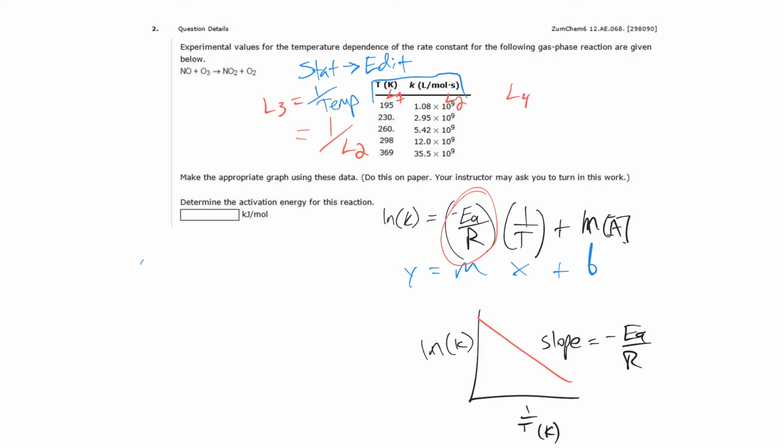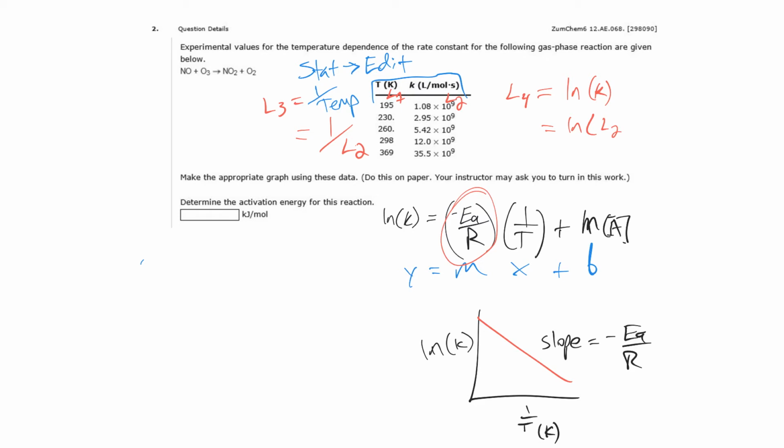Similarly, I went over to column 4, L4, and said, okay, I want that to be the natural log of the rate constant K. So what I did was I highlighted L4 and hit enter so that there was a flashing cursor there. And I typed in natural log of L2.